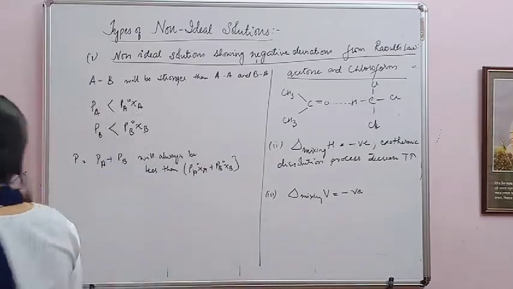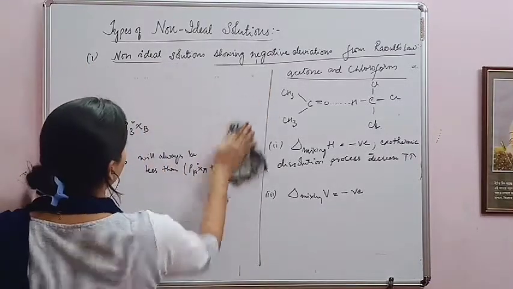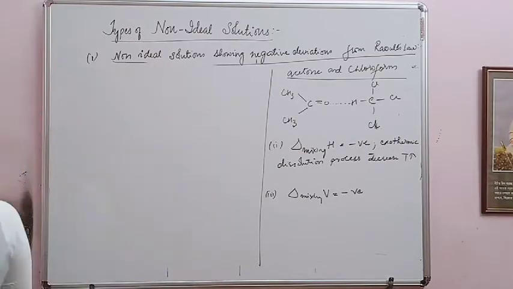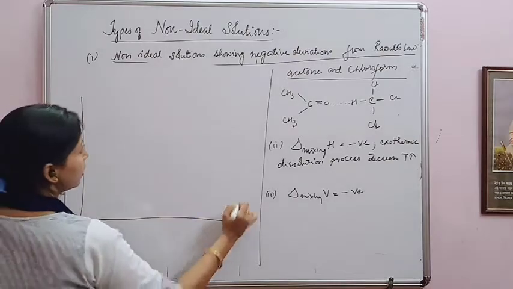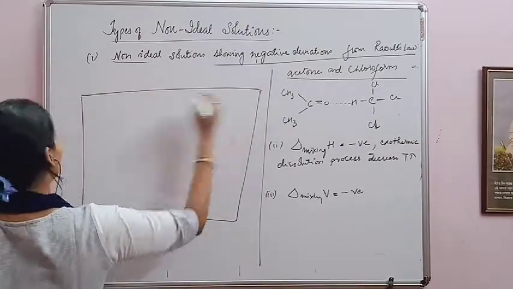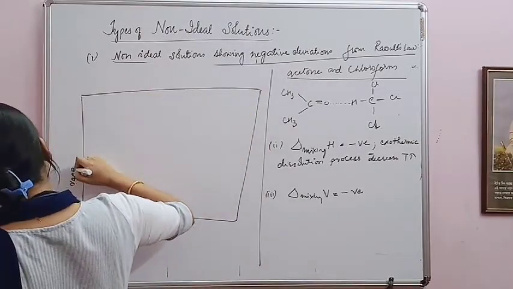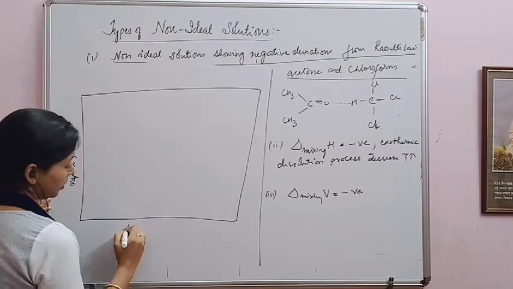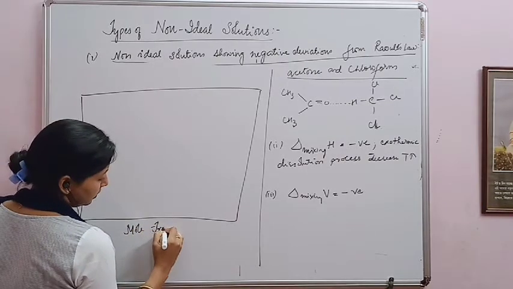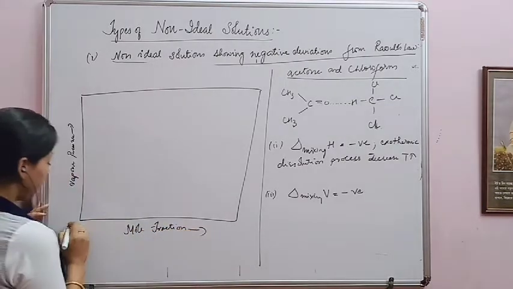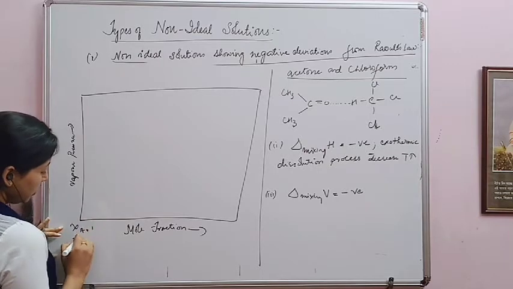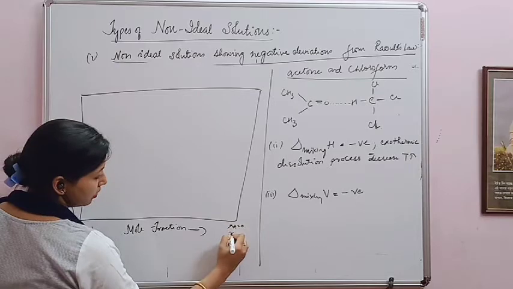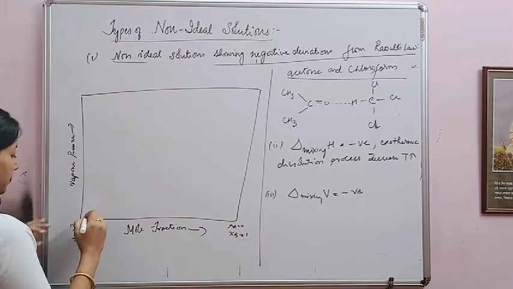Last, we'll have to check the graphical representation. In a similar manner, we'll take vapor pressure here and mole fraction here. So here chi A equals 1, chi B equals 0, chi A equals 0, chi B equals 1.